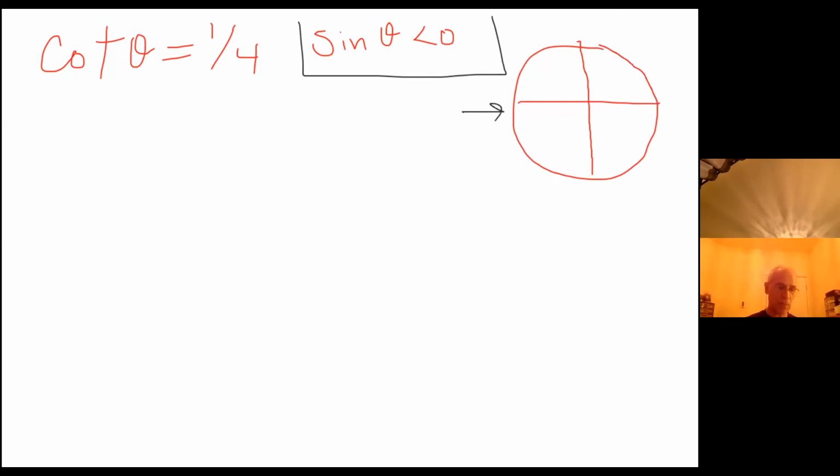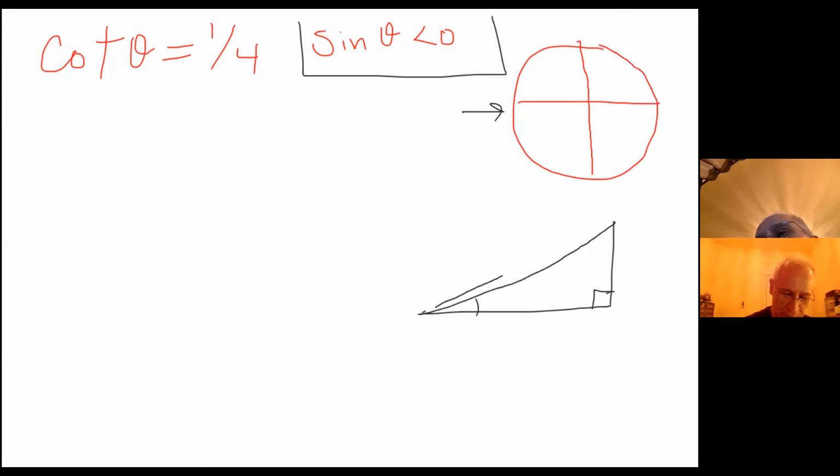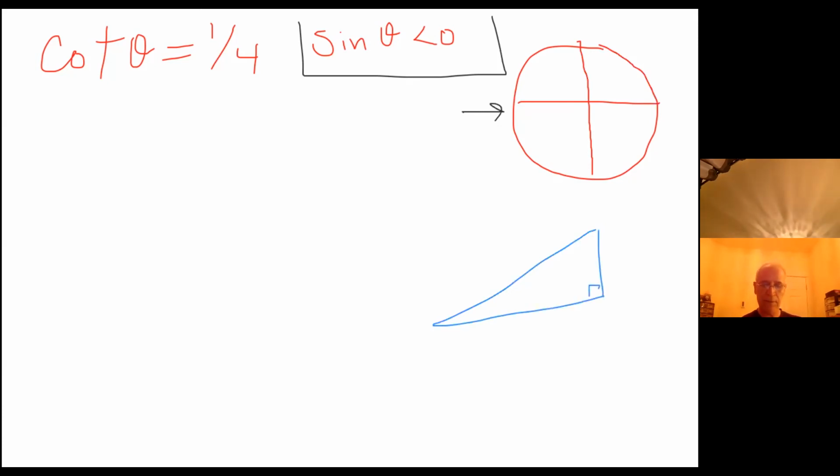Okay. So let's draw a triangle. Pretend this is a nice right triangle. What is it that we know? We know that cotangent is 1/4. So both sine and cosine are negative in quadrant 3, and that's what it is.